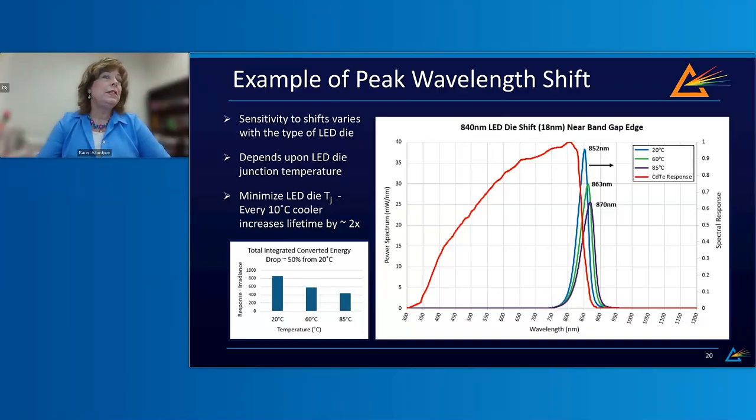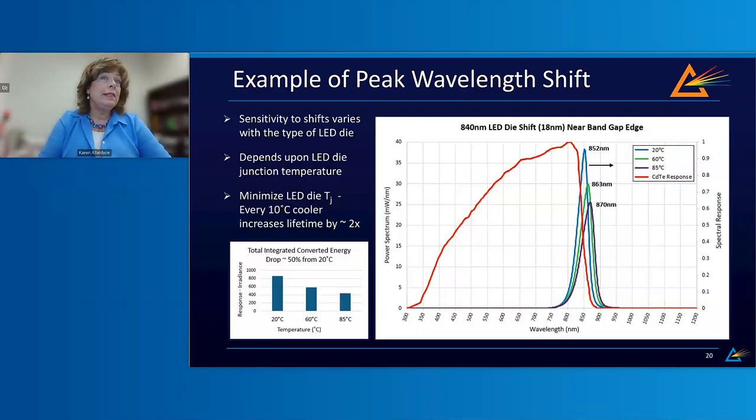So this shows you specifically what happens if you do not control it. Sensitivity to thermal fluctuations varies with LED type, but they are sensitive to both changes in drive current and also changes in temperature. UV LED dies tend to shift to shorter wavelengths under higher drive current and board temperature. Infrared LEDs tend to shift longer in wavelength.